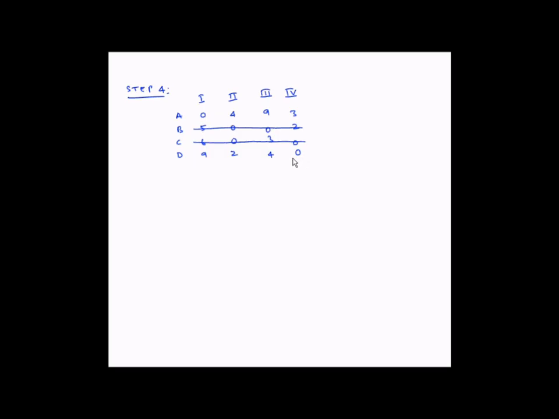Now in the third iteration, let's do again row wise with 1 or more. So first we have A and then D. So here the number of straight lines is 4 and the number of rows and columns is also 4, which means that we have reached the optimal solution.